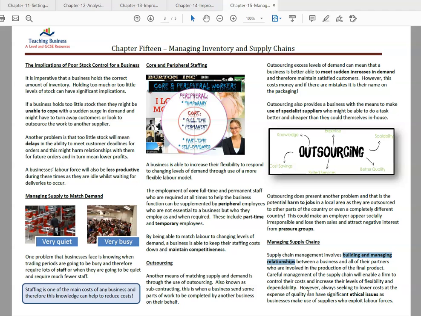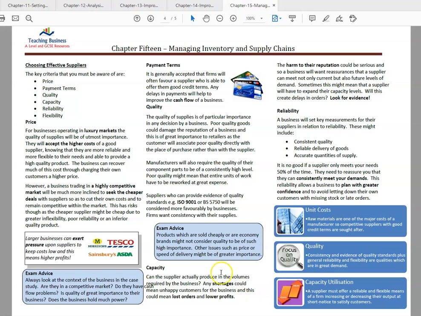Who do you choose to supply with? There are a number of reasons why you may choose different suppliers. Maybe on price, maybe on quality, maybe on their flexibility. They may not be the cheapest, but the most flexible. And I'm going to let you read that.